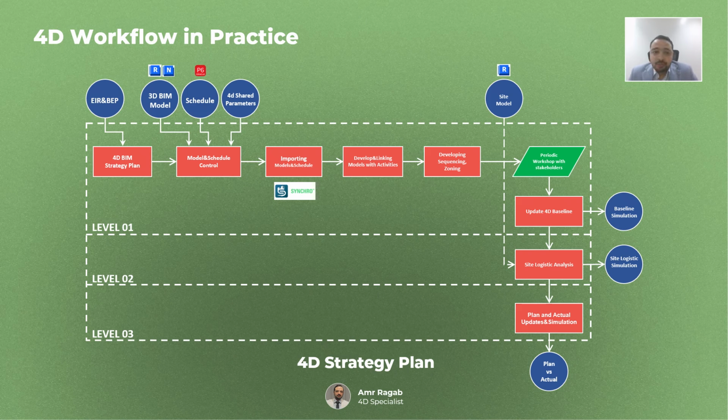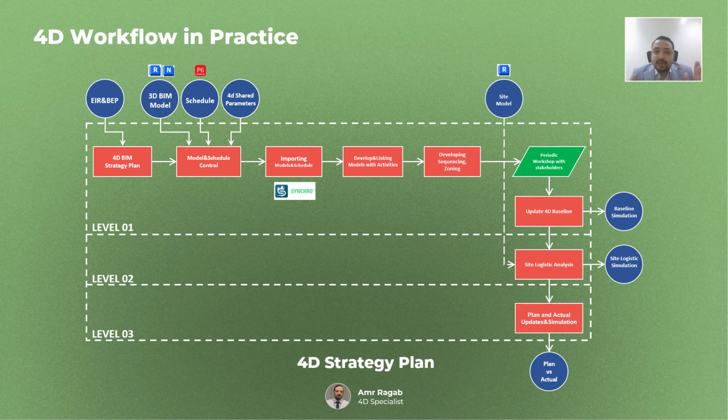Okay, so the next step is to review and control both the 3D model and the schedule before integration. We check model quality, naming convention, the structure breakdown, and the element IDs, and also verify the schedule, activity logic, durations, and the WBS. The model and the schedule must speak the same language, so the linking later is smooth.